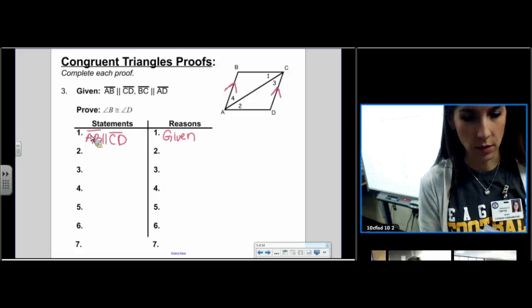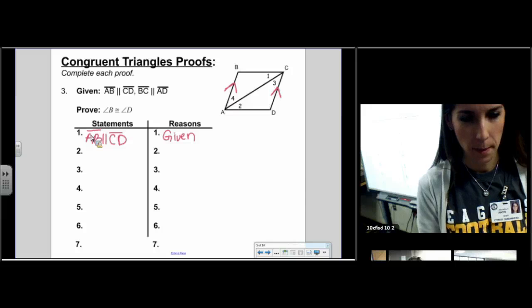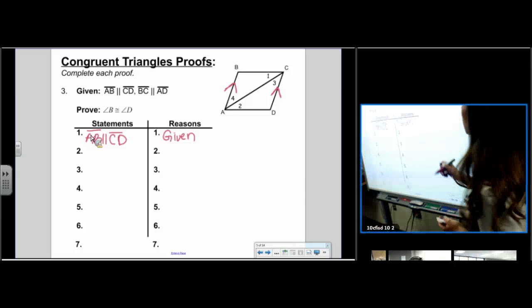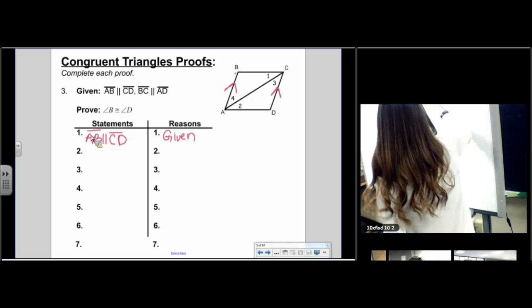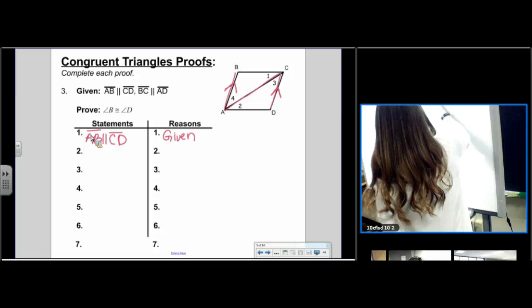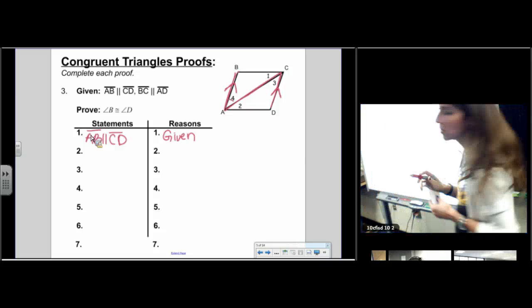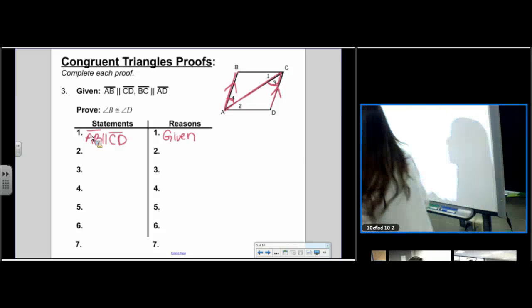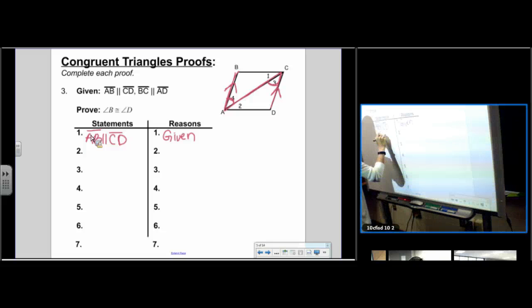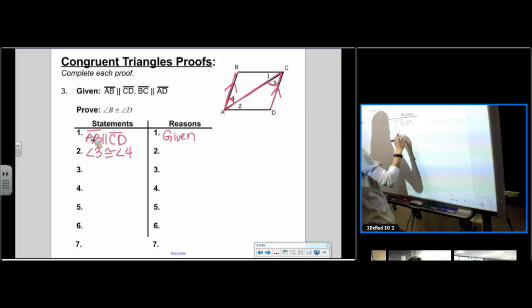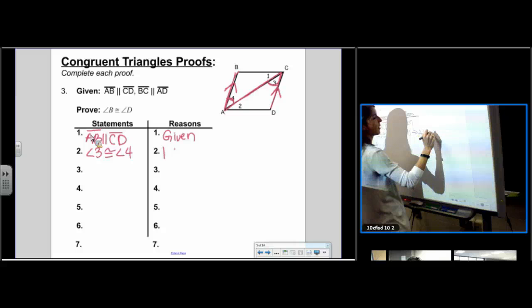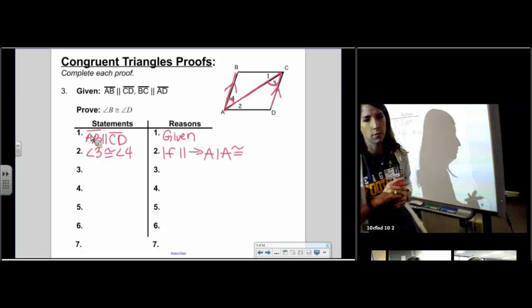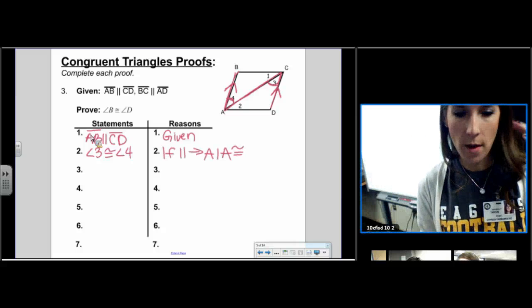If these lines are parallel, then you make the letter Z, and you see that these angles are congruent. So you need to write down that they're congruent. Angle 3 is congruent to angle 4. And what's the reason? If parallel, then alternate interior angles are congruent. So that's the follow-up from number 1.